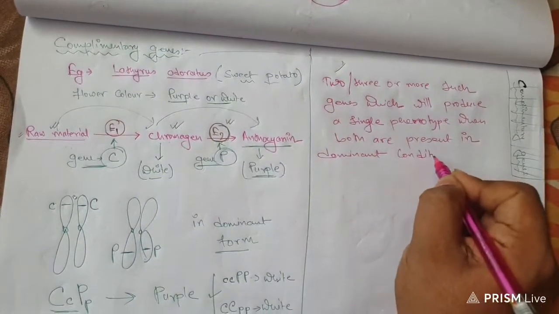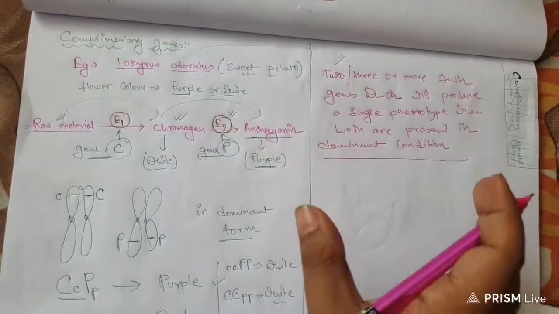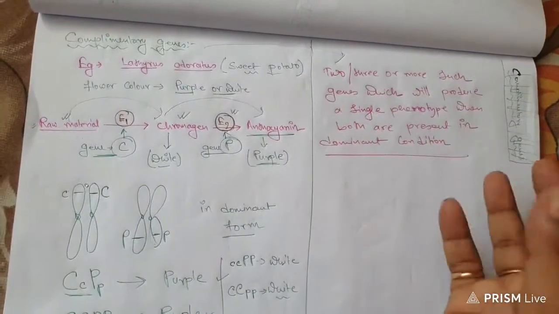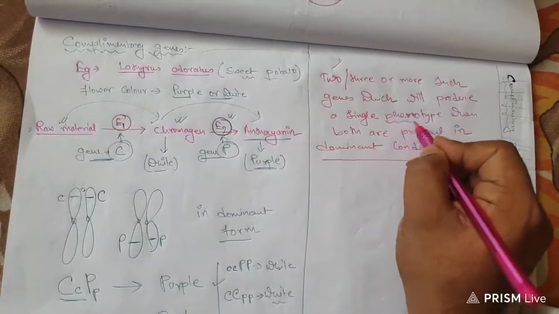When both the genes are present in dominant condition, both give rise to a single phenotype.